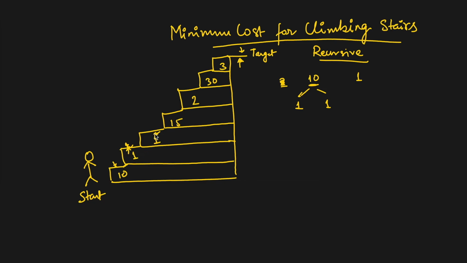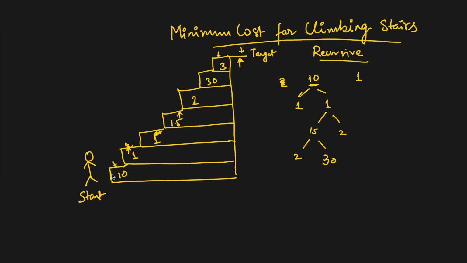So let's say we are at this one, now we can go to 15 or we can go to 2. Let's say we go to 15, now we go to 2 or 30. And once we are at 30, we can reach the target. We don't need to step on 3, right?